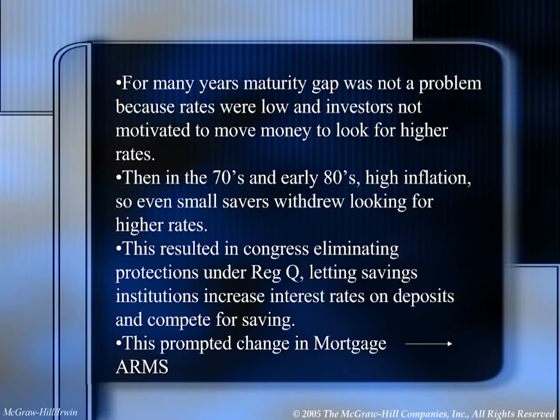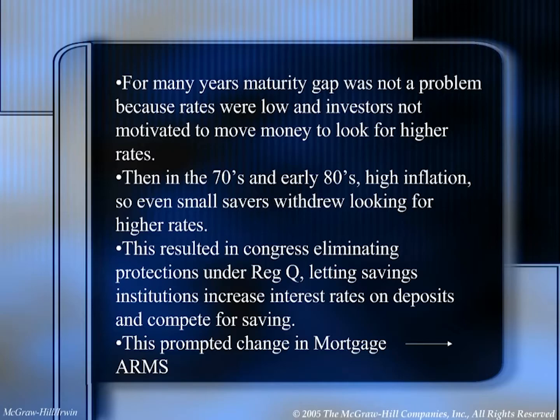At that point, the savings accounts were under Regulation Q, which said that the bank could only raise the amount that they were paying on deposits in the savings accounts to a certain degree. So they couldn't become competitive even if they wanted to. But then Congress eliminated those regulations and let the savings institutions increase the interest rates.